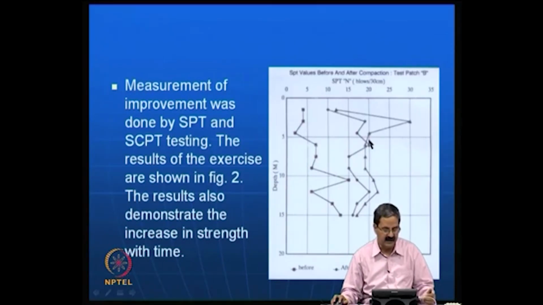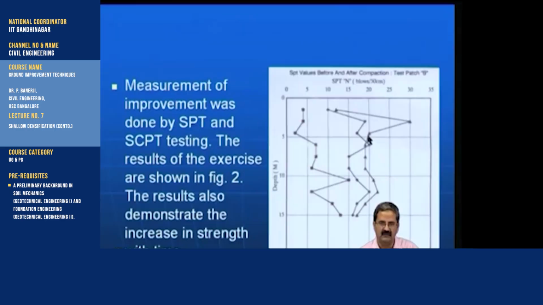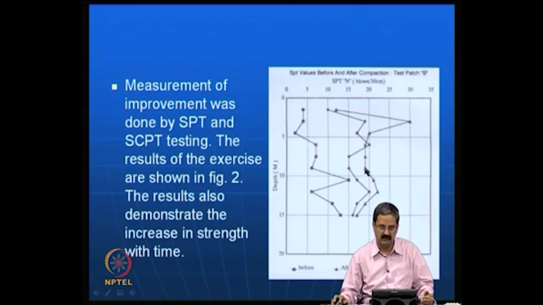What it means is that, in the time dependent behavior, if you allow things to happen, like consolidation, which is a time dependent phenomenon in clays, even in sands also, because of the pore pressure dissipation in about 15 days to 1 month, there was an increase in strength which was observed, which is good.